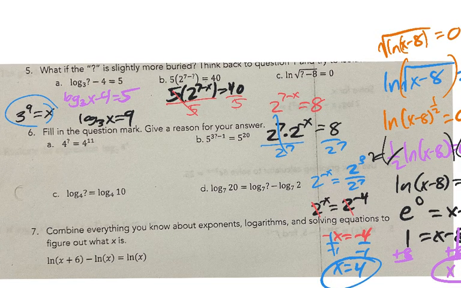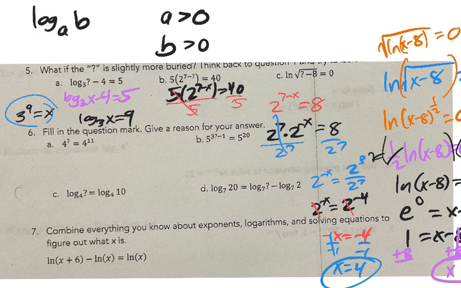If this is in the form of log base A of B, A has to be greater than 0, and because of that, B also has to be greater than 0.